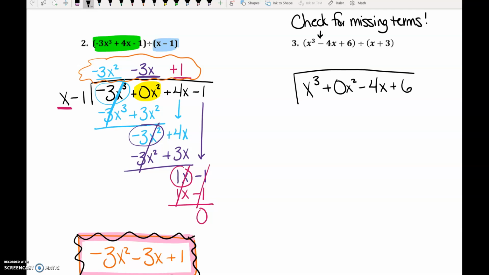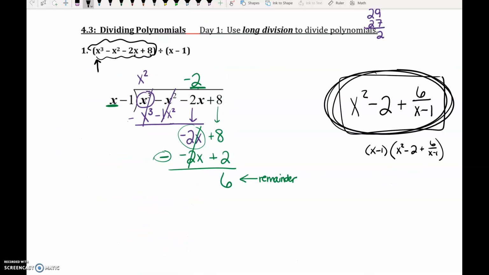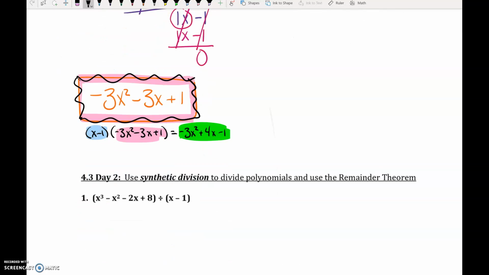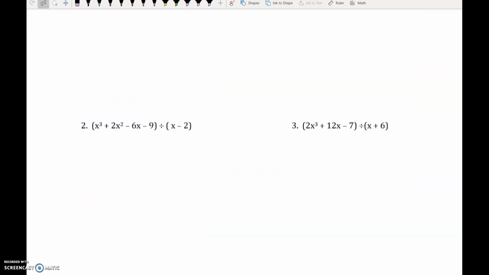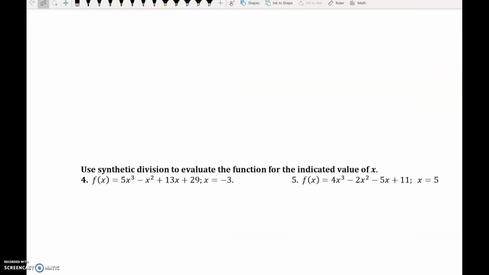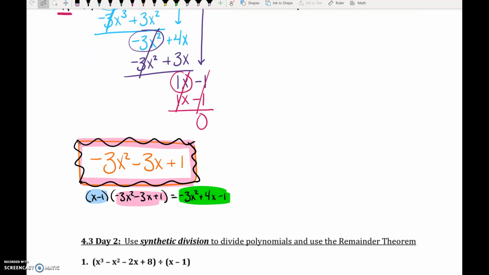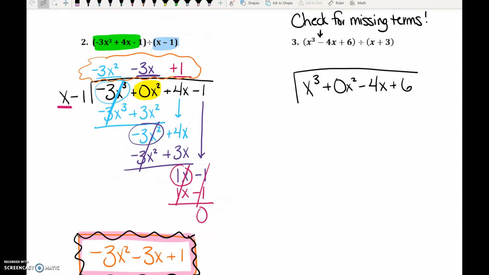Now on your assignment, sometimes you will start with x squared, not x to the third. On all of our examples, we started with x to the third. Sometimes you'll start with like x squared plus 5x minus 2 divided by x minus 1. If you're starting with x squared, you don't have to put a 0x to the third in front.